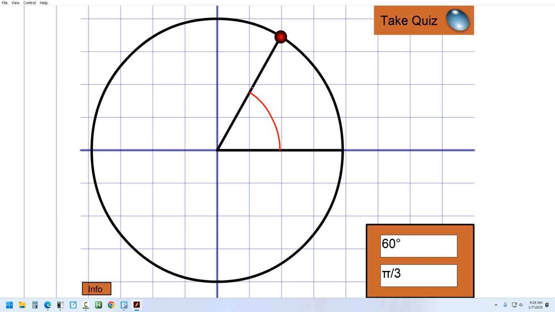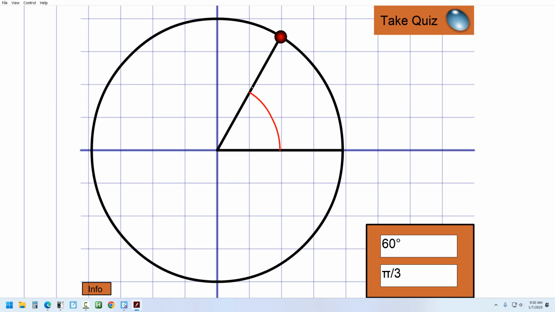If you're talking about an angle and there's no little circle on it, then it is automatically radians. So from now on, I'm no longer going to put RAD after radians because you don't do that. And that's showing you that what we did is correct. 60 degrees is pi over 3 radians.